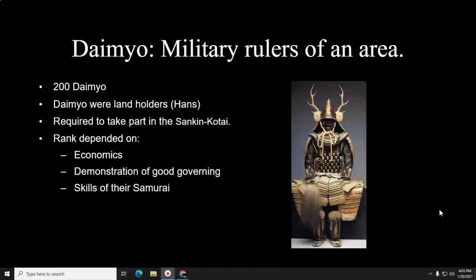Their importance depended upon their performance during the sankin kotai, and that included things like economics, their demonstration of good governing when their people were asked about their living conditions and the overall health of their people, and the skills of their samurai. So the daimyo and the samurai were tested.